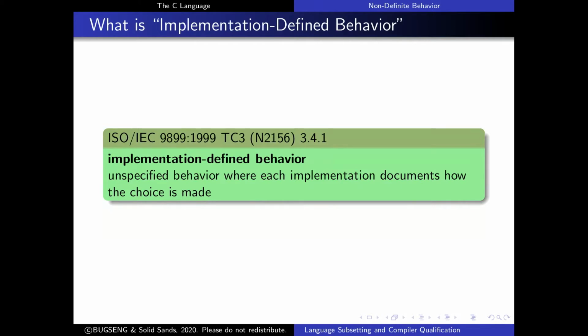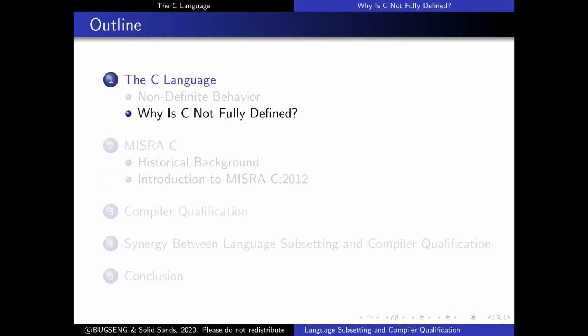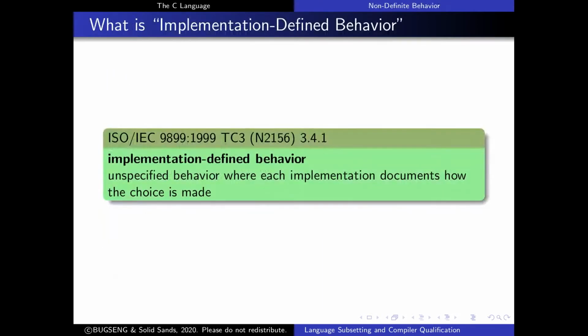Most people know implementation-defined behavior. Everybody in this audience knows that there are implementations of C for 16-bit machines, where int is 16 bits, and implementations for 32-bit machines where int is 32 bits. So the sizes of the primitive data types are implementation defined.